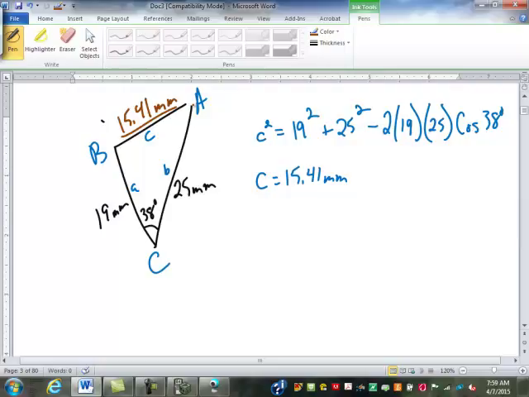Now, I have the 15.41 over the sine of 38 degrees. Which side do I want to use next, the 19 or the 25? 19. Because I don't want to get into the largest angle. I want to use the smaller of the two angles. So that's going to be over the sine of A. Cross multiply and divide.